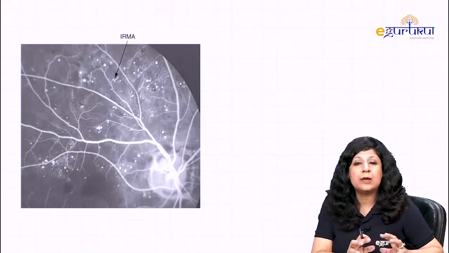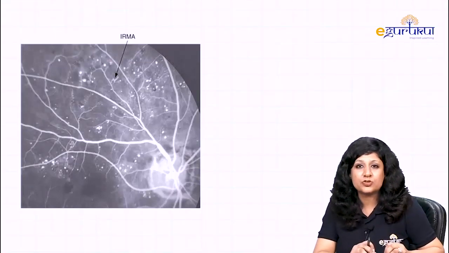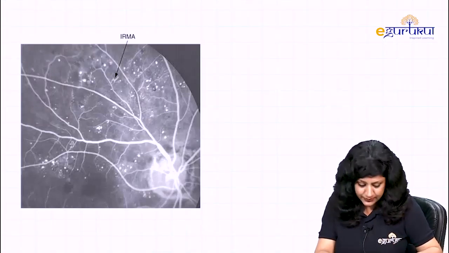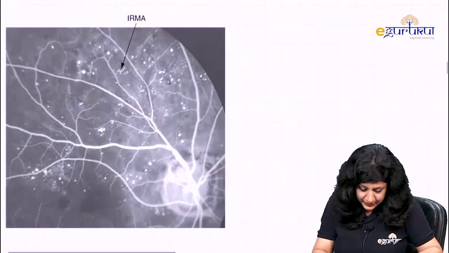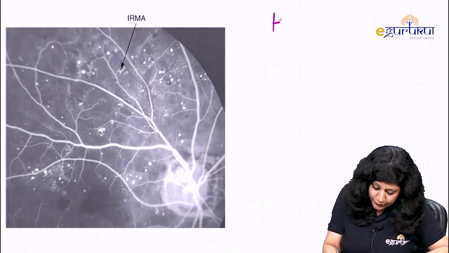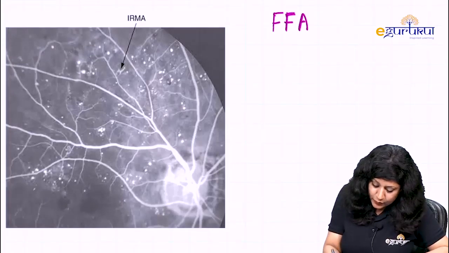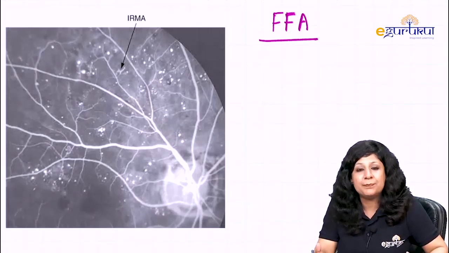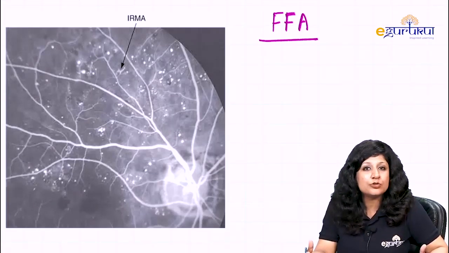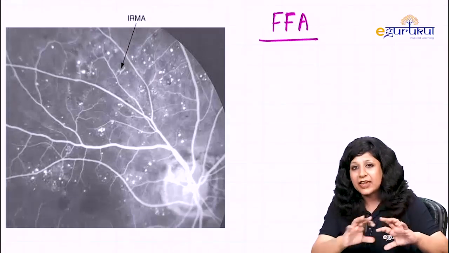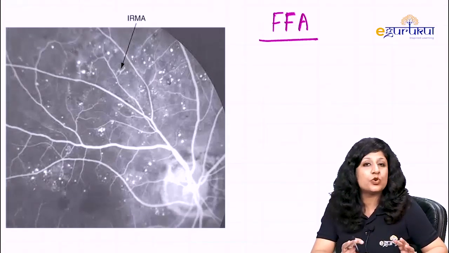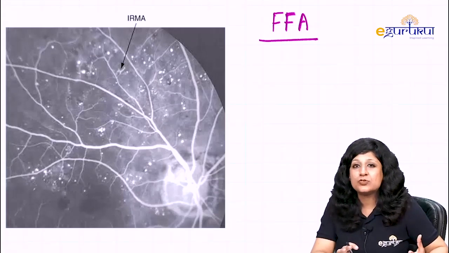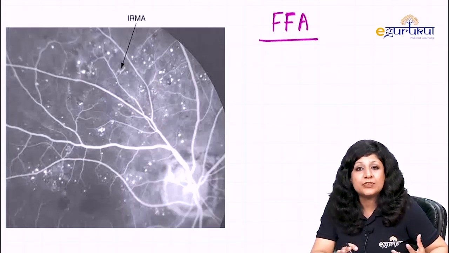Now coming to some of the visuals which are very important, and they have been recently asked in your exams. Can you see here, this is the FFA picture, fluorescein fundus angiography. When you do the angiography, as we discussed before, you see a grayish hue due to the presence of choroidal fluorescence, and the whitish areas are the blood vessels where we have pooling of the dye.